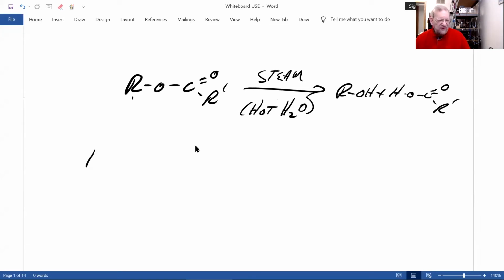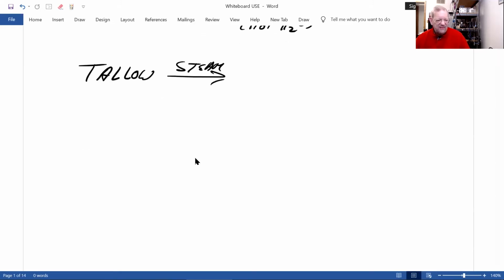So if I take tallow and react it with steam, what am I actually doing? Remember, steam is hot water.